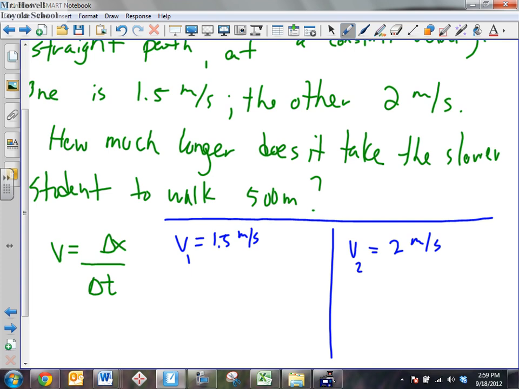They both walk how far? 500 meters. And it's the same, correct? Yeah. So we don't need a delta x1 and delta x2, just call it delta x for both. Again, we do not need to specify with a subscript here, simply because they're walking the same distance. Okay? They're both walking 500 meters. The question becomes, though, what is the delta t answer that we're looking for here?